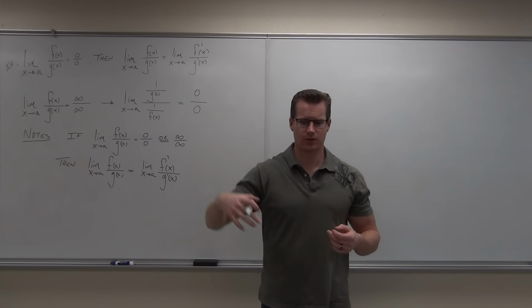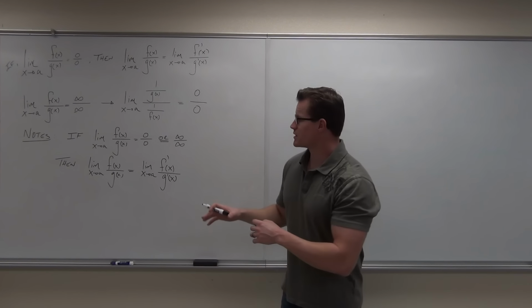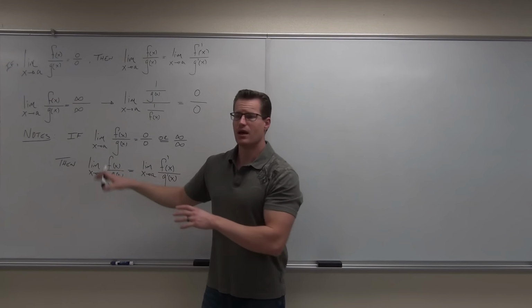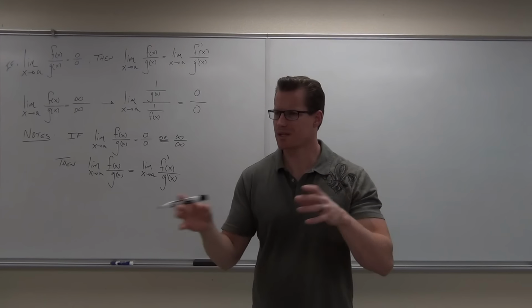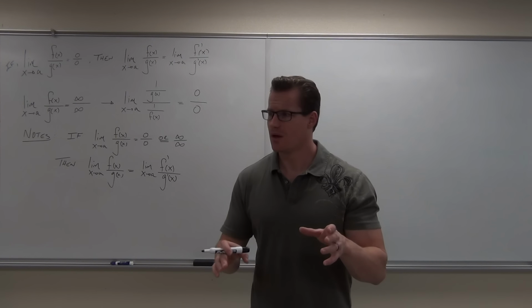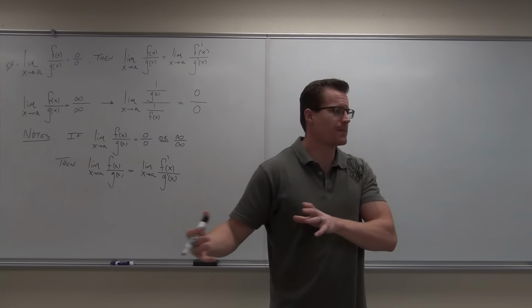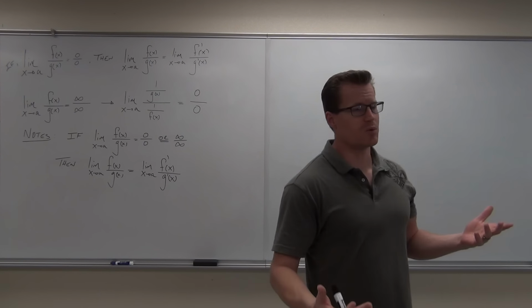Okay, a couple other little notes that you need to be aware of. This doesn't just work as x approaches a. This will work as x approaches a from the right or from the left. Remember those one-sided limits you guys did a long time ago? L'Hopital's rule will still work for that. It'll also work if x approaches infinity, both positive and negative.